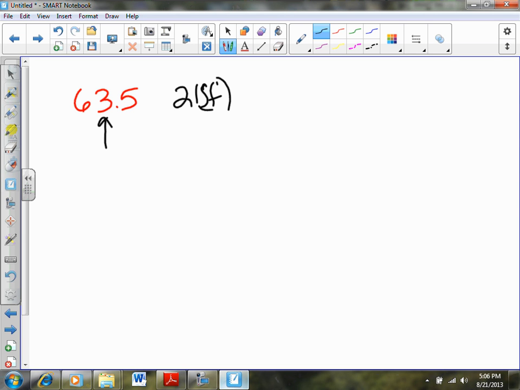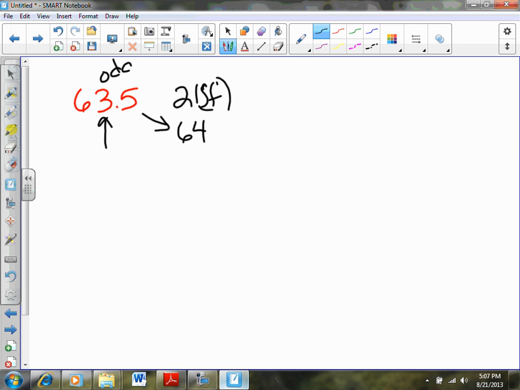The question is, is it going to be 63 or is it going to be 64? So in math, you would always make it 64, but this is applied math, so we've got to use the rounding rules. Because the 3 is an odd number, we're going to round this to 64.